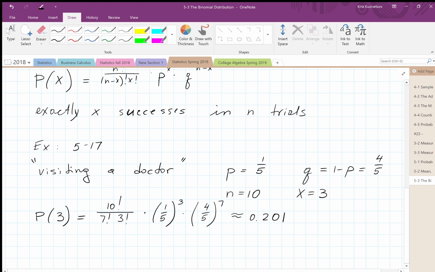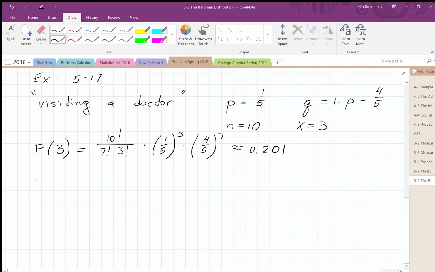My next example is 5-20, and I will do exactly the same thing. A public opinion poll reported that 5% of Americans are afraid of being alone in the house at night.